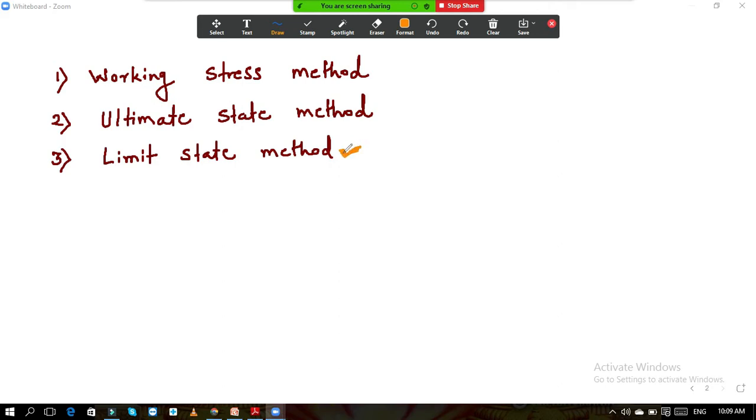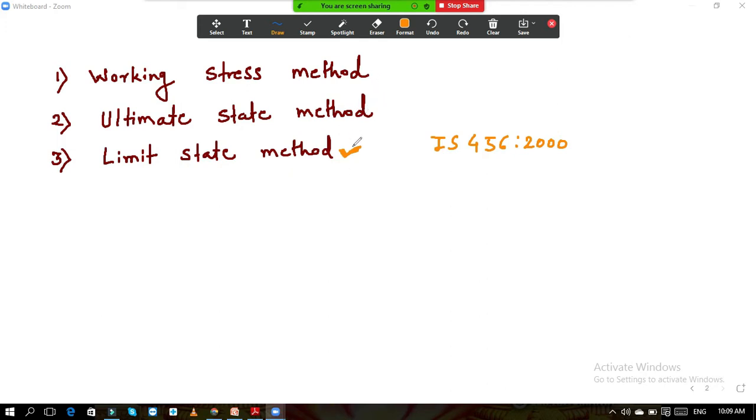method is used. So all the IS codes, our Indian IS code, that is IS 456:2000, this IS code is revised for the limit state method. Earlier it was the working stress method. Still, for water tanks, we use the working stress method.